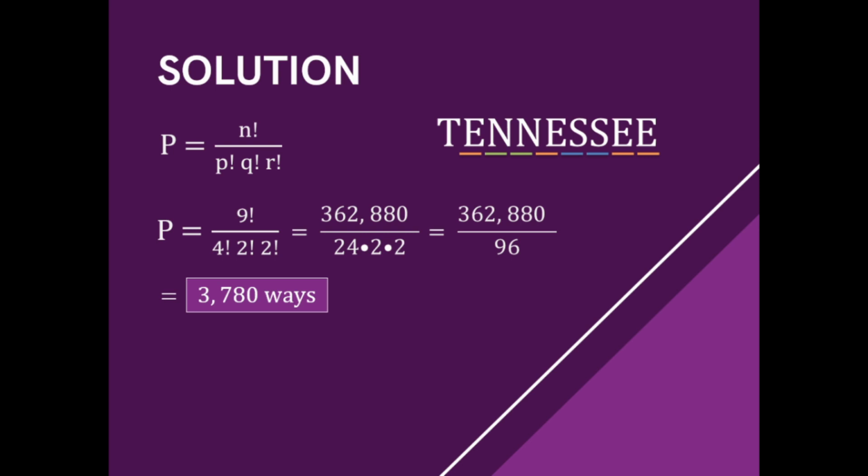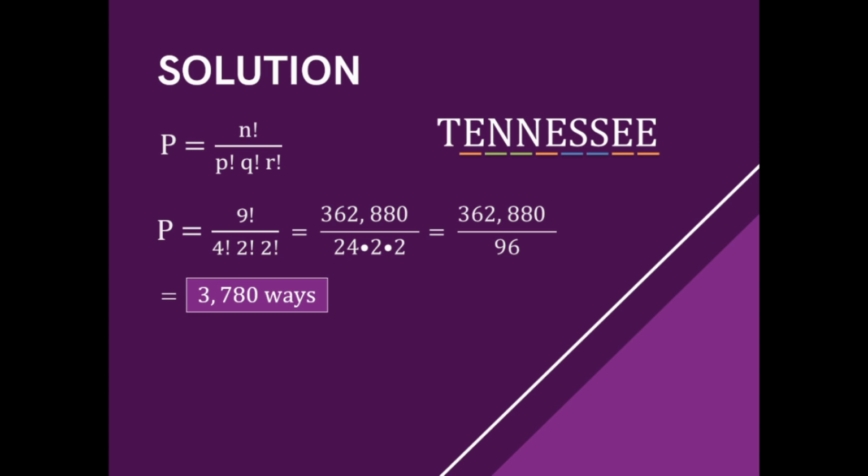Thus, 9 factorial will be written in the numerator. Since we have 4 letter E in the word Tennessee, we will write 4 factorial in the denominator. We have 2 letter N, so we will write 2 factorial in the denominator. Lastly, we have 2 letter S, so another 2 factorial in the denominator.